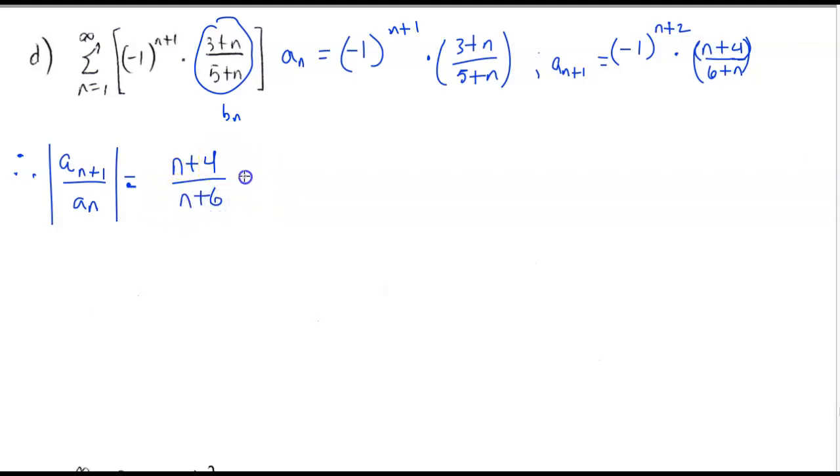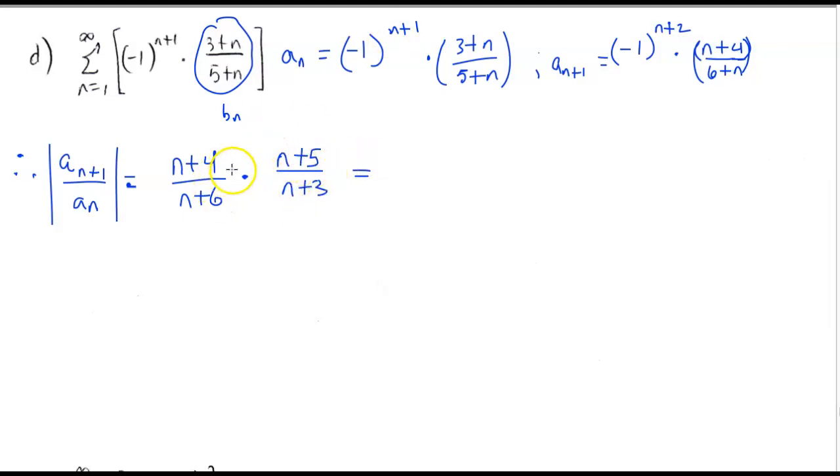I'm going to go ahead and turn it around, and we're going to multiply that times the reciprocal of 3 plus n divided by n plus 5, or 5 plus n. So I'm just going to turn them around. So this will be n plus 5 divided by n plus 3 here.